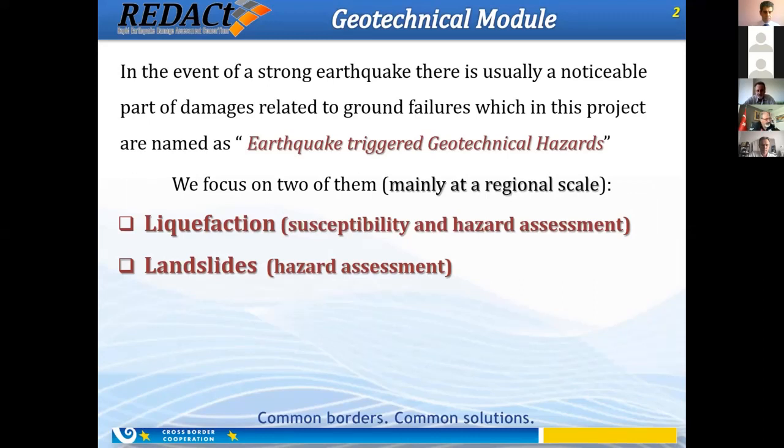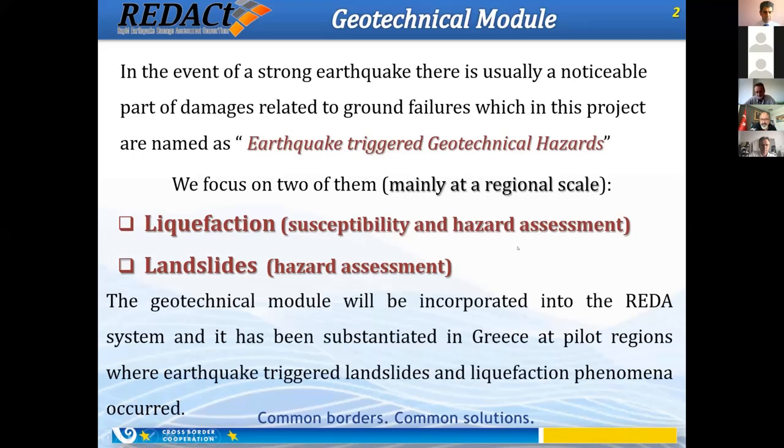Liquefaction and landslides, as I said, liquefaction susceptibility and hazard assessment, and landslides hazard assessment. The geotechnical module will be incorporated into the radar system as it has been substantiated already in Greece at different pilot regions wherever we had earthquake-triggered landslides and liquefaction phenomena.